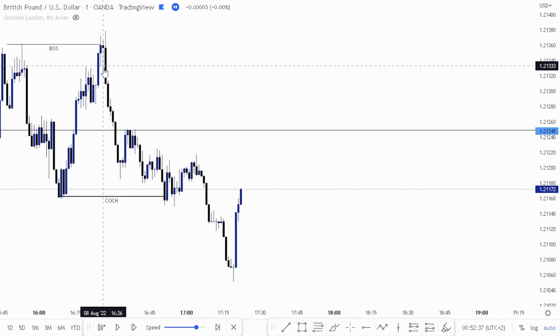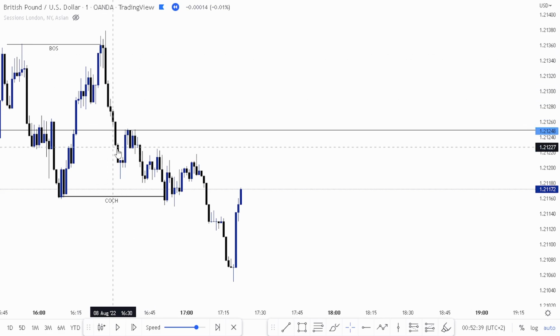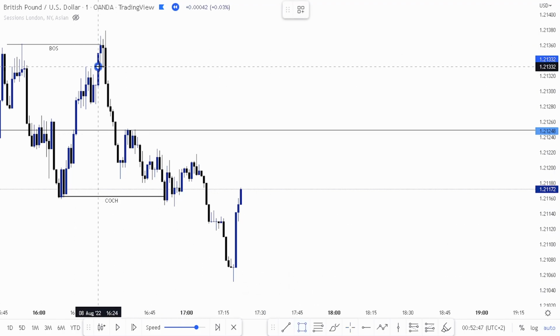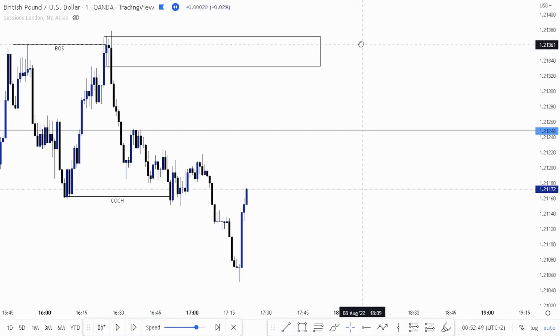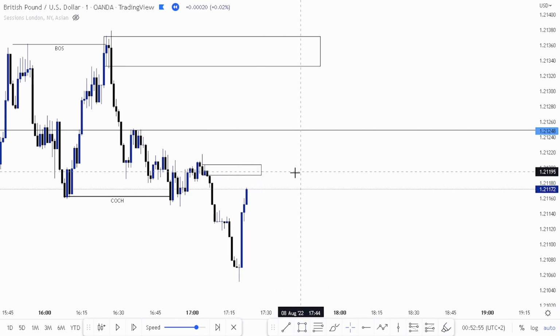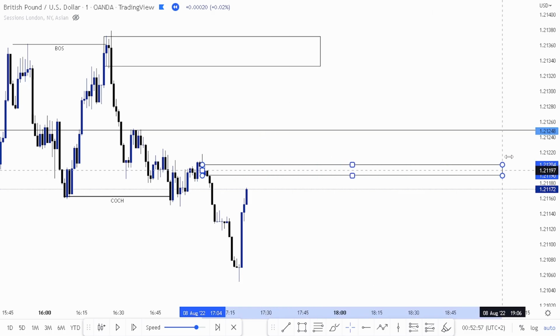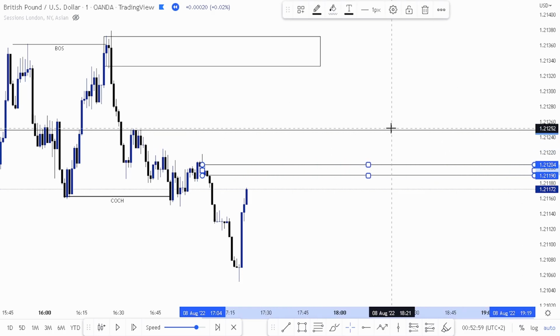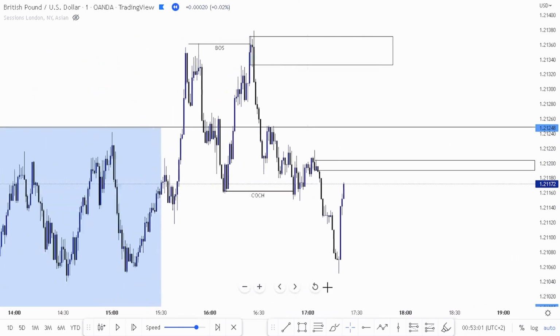Now when I looked over here, this is a 1 minute time frame, there were no levels of supply right over here, because I wanted to mark out initially this level, but my first initial level was right over here, because this was a level of supply.